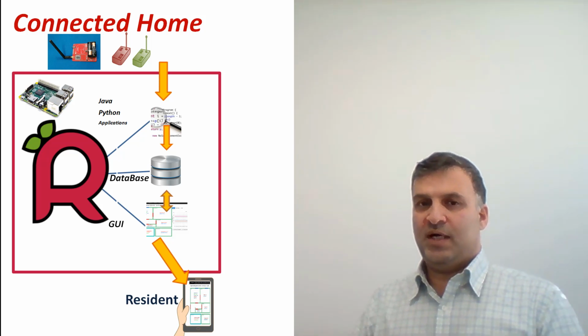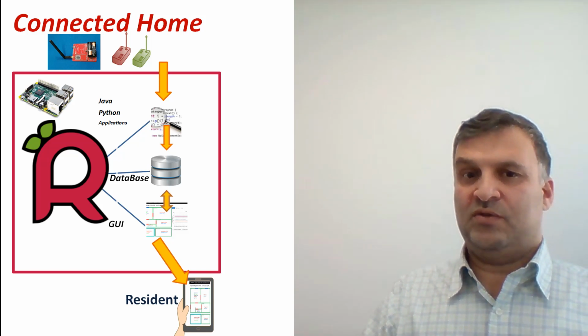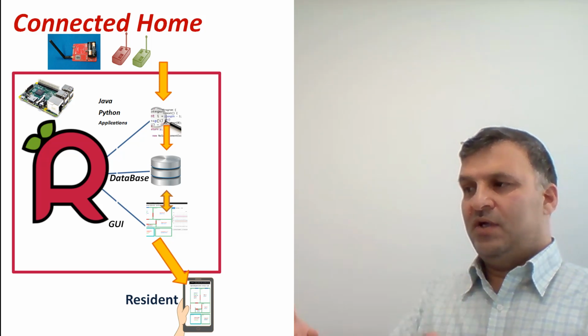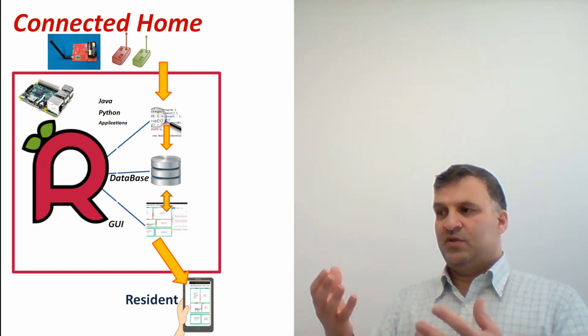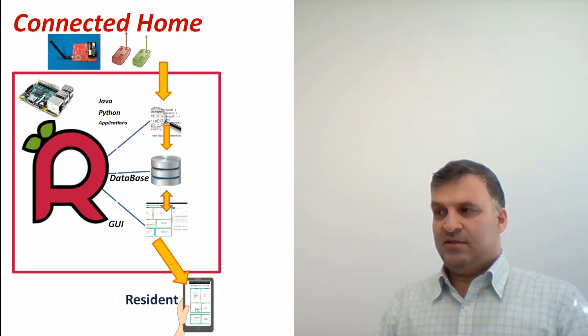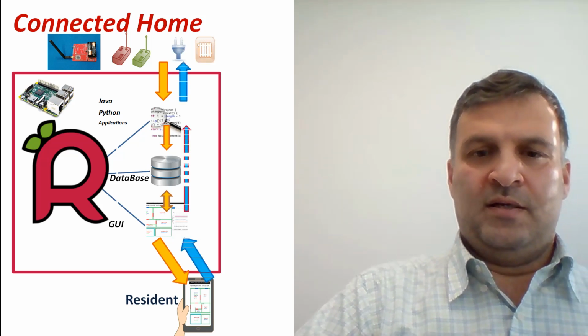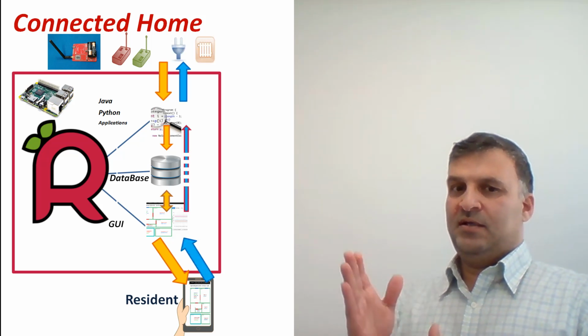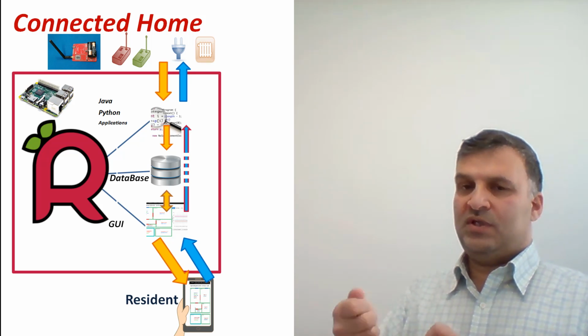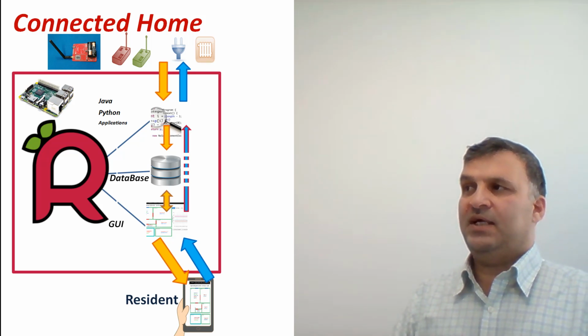Also, we have a GUI, graphical user interface, in order to improve the representation of the data, to give suitable views to the client. We can also, in the other way, control some parameters of the house.